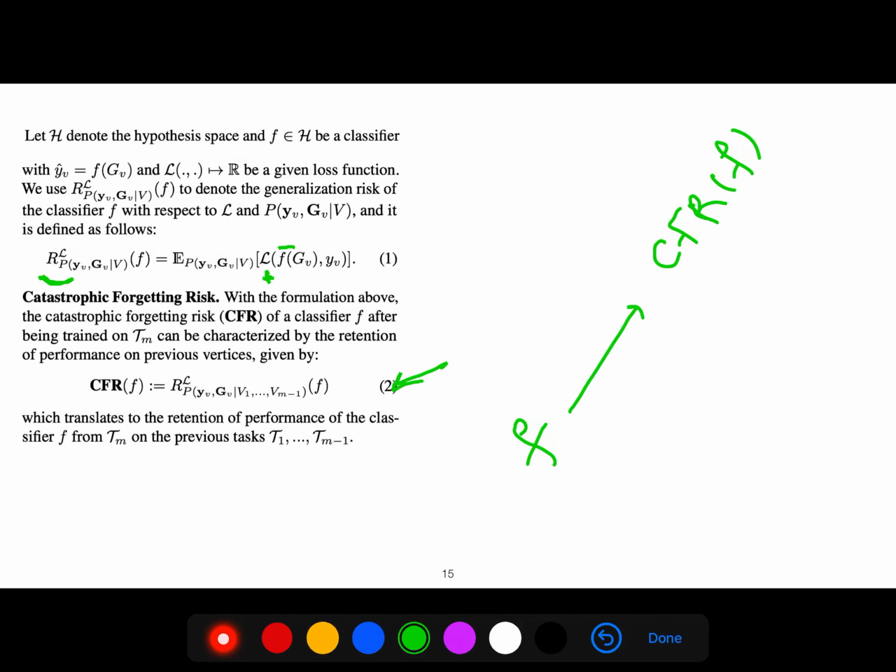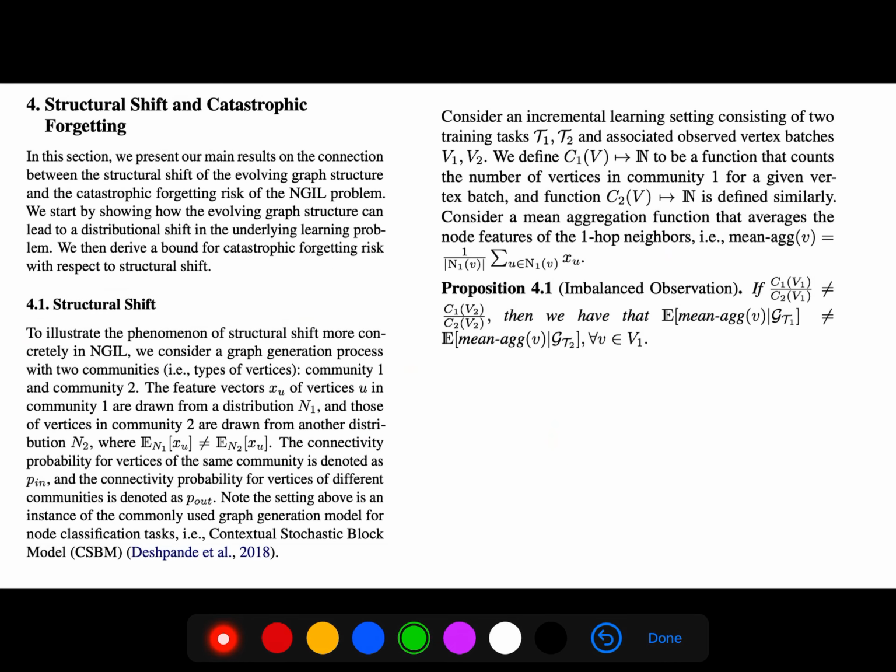After being trained on task number m, it can be characterized by the retention of performance on previous vertices, which translates to retention of performance of the classifier F from the previous tasks. So this represents our main result on the connection between the structural shift of the evolving graph structure and the catastrophic forgetting risk.